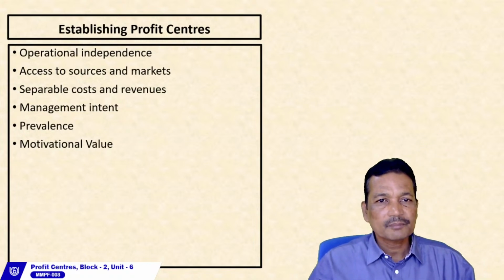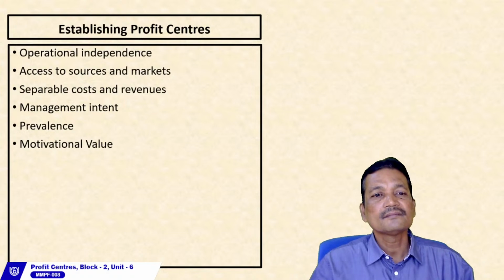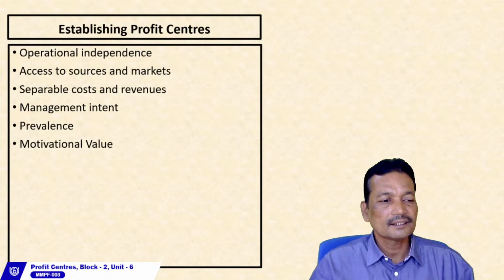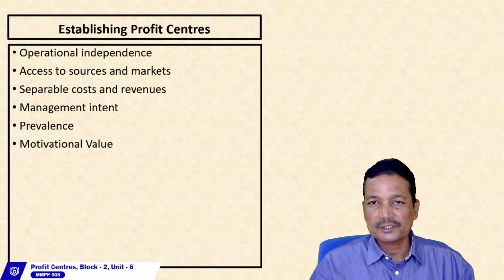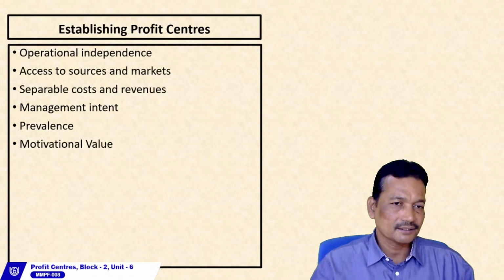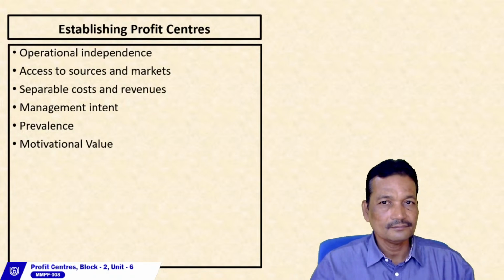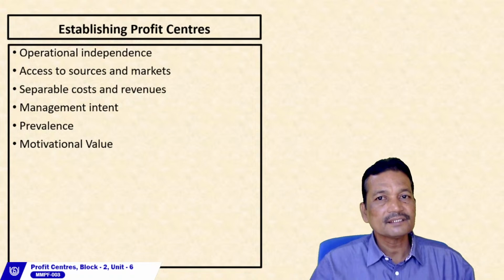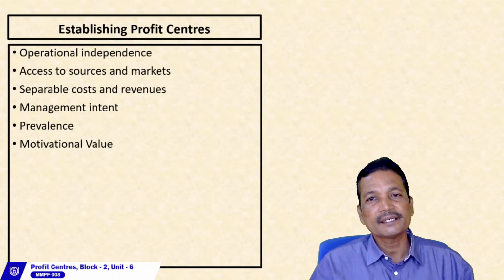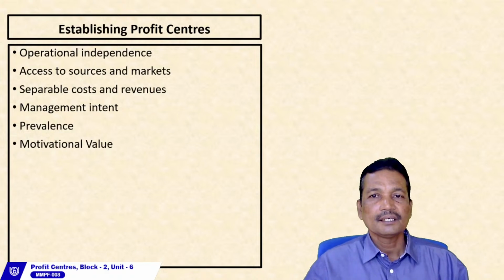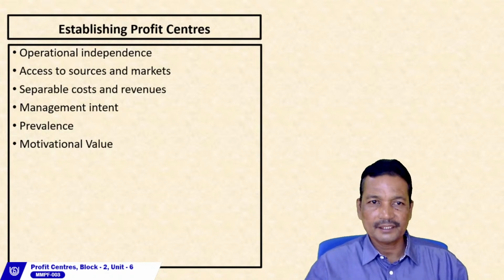Now, in order to establish profit center, the things that we require are operational independence. That means each division should be independent of each other in their own activities.